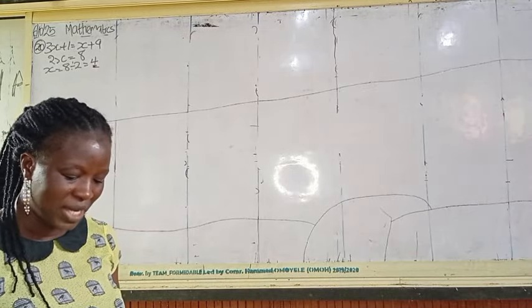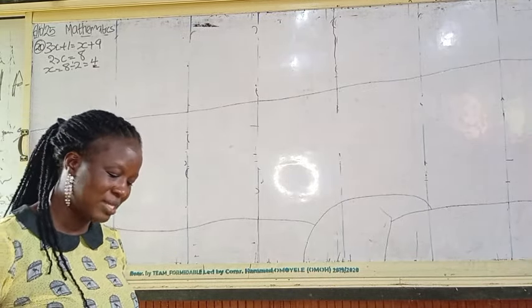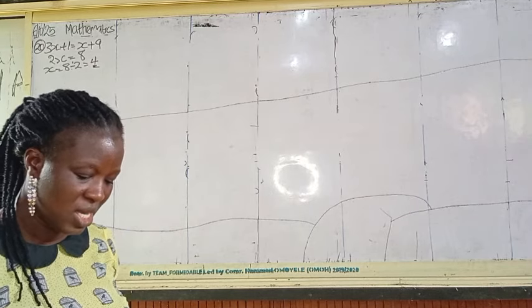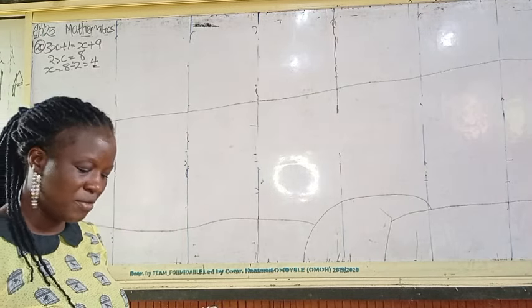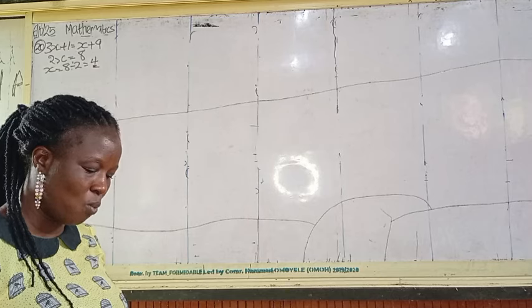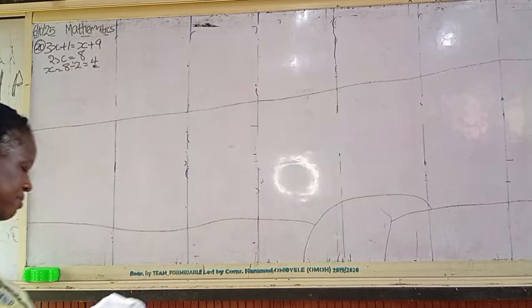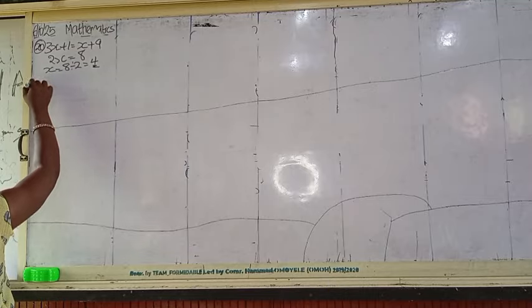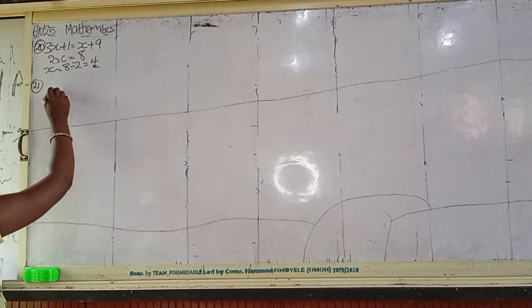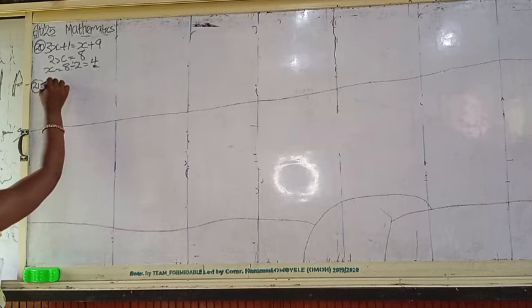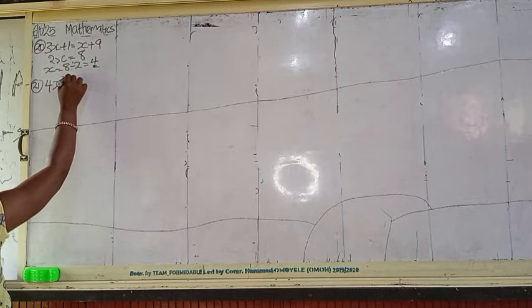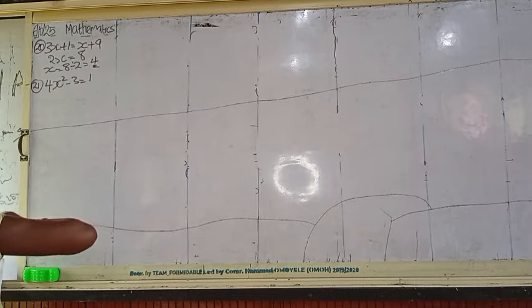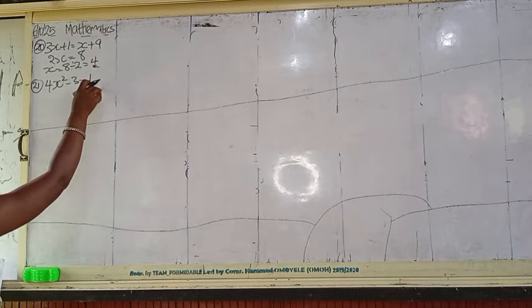Now to number 21. If 4x squared minus 3 is equal to 1, which of the following is the value of 1 minus 2x? So number 21, they said 4x squared minus 3 is equal to 1. So when we bring the 3 here, it turns to plus.